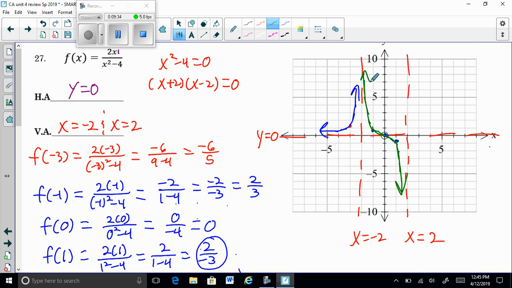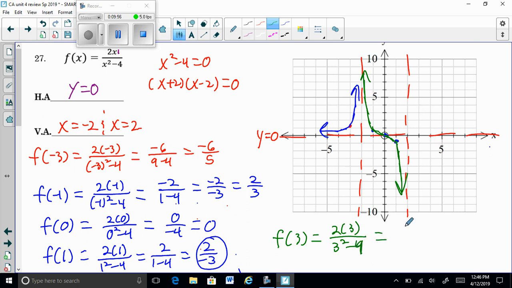For the last one, we need to figure out f of positive 3. I'm going to go ahead and erase this so I can have room to put it right down there. f of positive 3, so we get 2 times 3 over 3 squared minus 4.